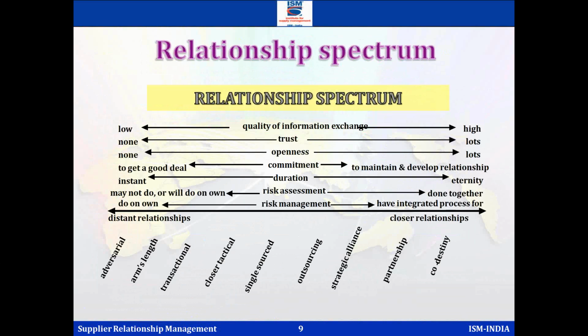The trust also you can see. Keep in mind, SRM is all about trust. If the trust is not there, SRM by namesake will not operate, will not give you due benefits at all. So if you look at the adversarial relationship, arm's length, trust is very minimal. The other side is a lot.